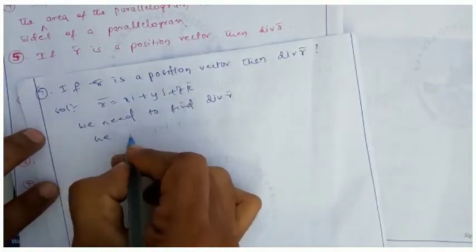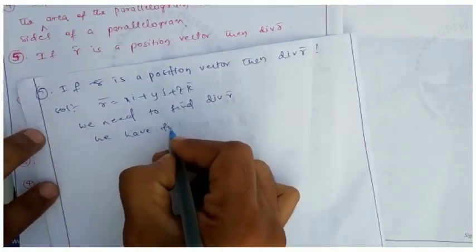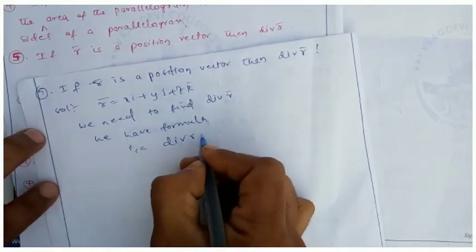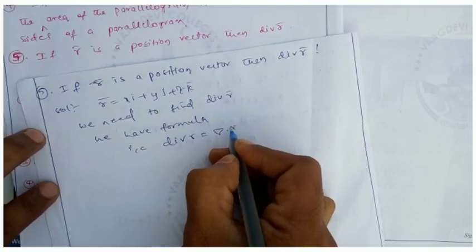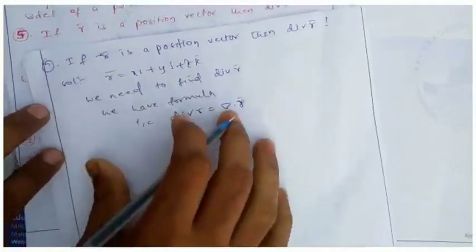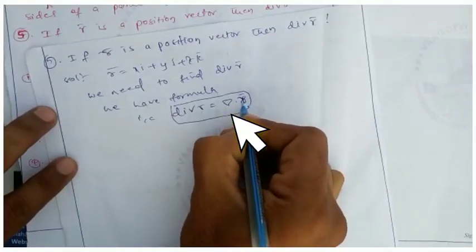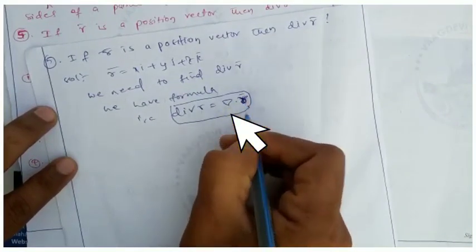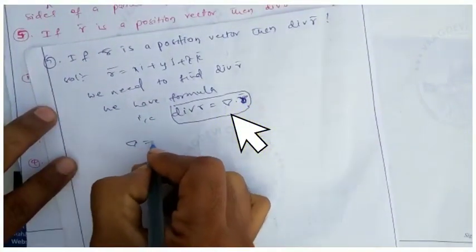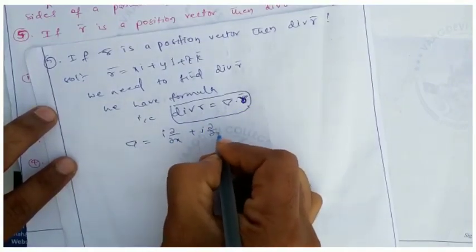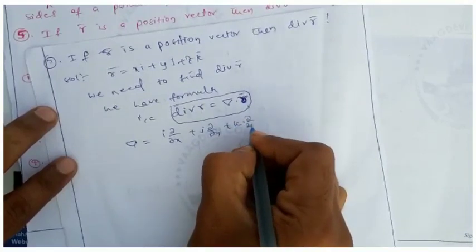We have a formula. Div R is equal to del dot R. We know the del operator. Del is equal to i into dou by dou x plus j into dou by dou y plus k into dou by dou z.